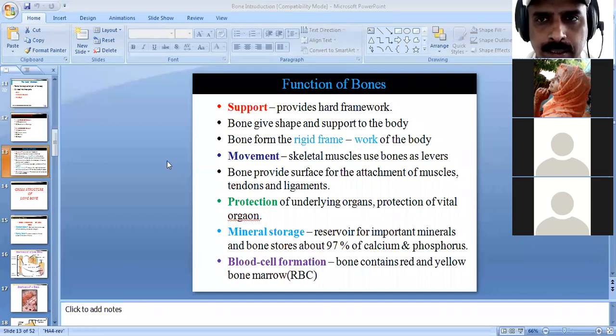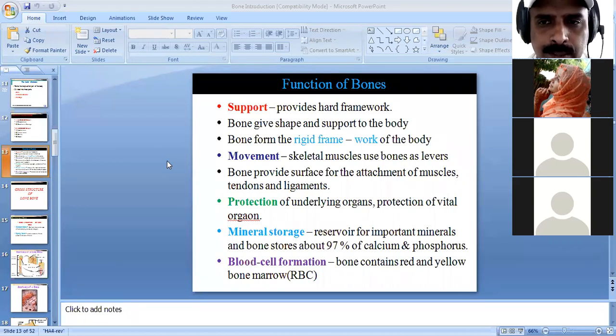Okay, so I will revise, even though the slide is not there. I have started with the functions of the bone. First, you have to remember the bone supports and provides a hard framework. Then the bone gives shape and support to the body.